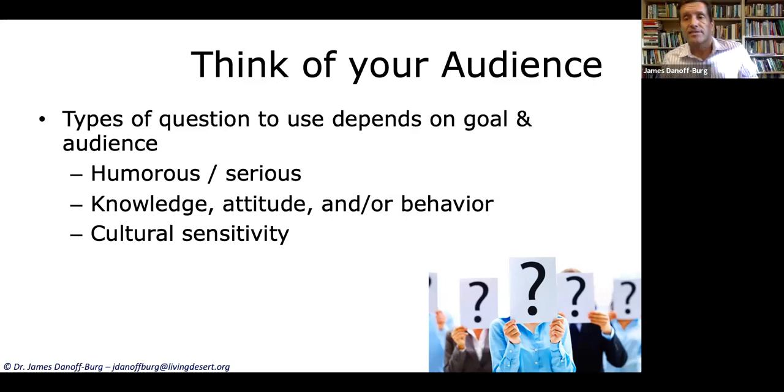Similarly, attitude is very important because if you're going into a community that is more hostile to conservation, you want to make certain that you phrase your questions correctly so that they are responsive to your items.